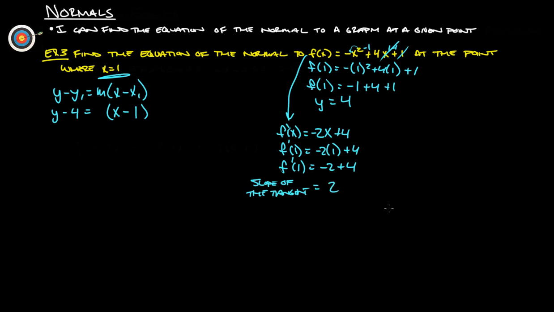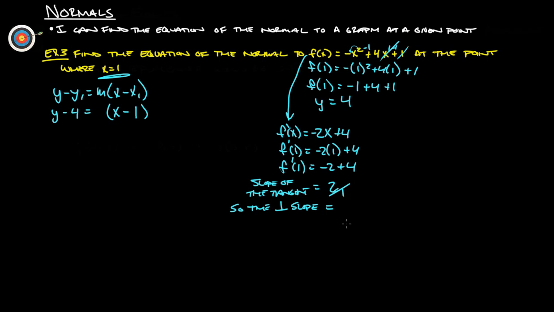Now, to find the perpendicular slope, you always take the slope of the tangent, and that's 2.